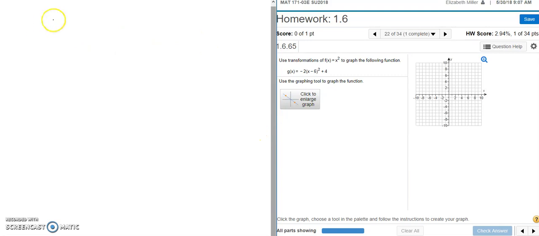If we make a table for x squared as a starting point, that sometimes can help, because then we'll just do it the way we did the last problem by changing the values in the table. I always start with some negatives and then some positives, because they didn't give us a graph to go off of.